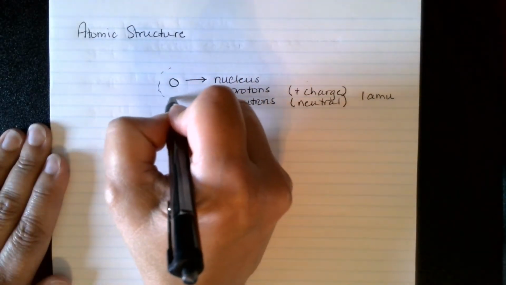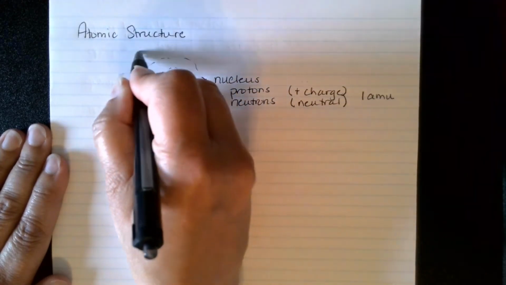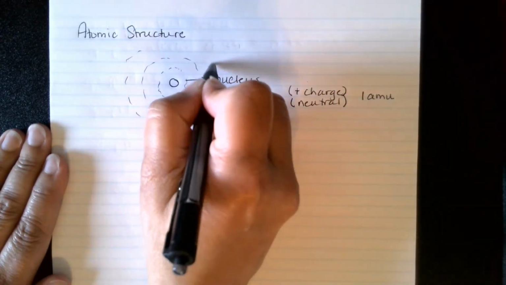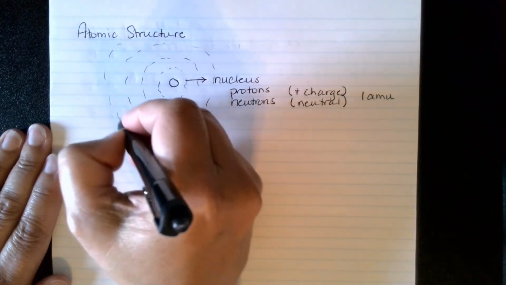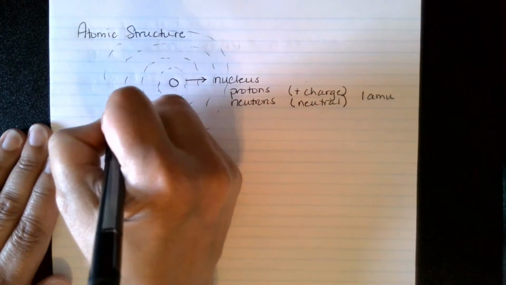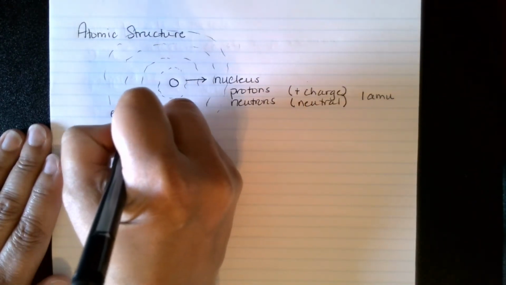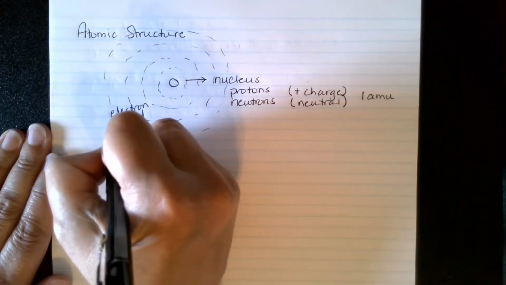Okay, now the nucleus is surrounded by most of the volume of the atom. It consists of these energy levels that contain sublevels, but this whole structure is called the electron cloud. And the electron cloud contains the electrons.